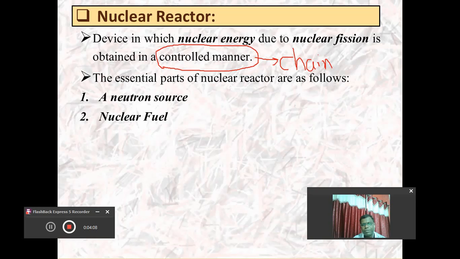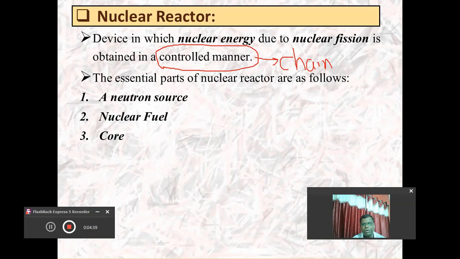Dear friends, if you remember the types of nuclear fuel, we have two types: one is called fissile material and another is called fertile material. Fissile material undergoes fission directly, producing a large amount of energy with the liberation of neutrons, while fertile material is itself non-fissile, but it can be converted into fissile material.